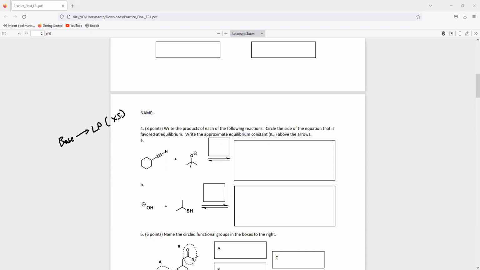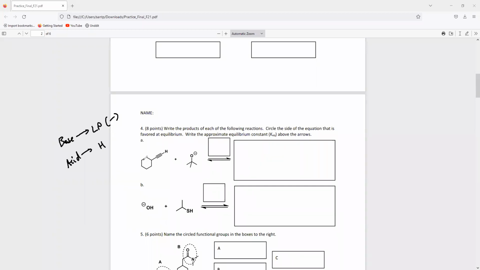So usually an excess, I guess what I should say is a minus charge, right? You can look for a minus charge. That's not a guarantee that a minus charge will always be there. But if you see one, that's a base because it has that lone pair. Acids will typically have a hydrogen on them, right? And they'll have a lack of a minus charge or something.